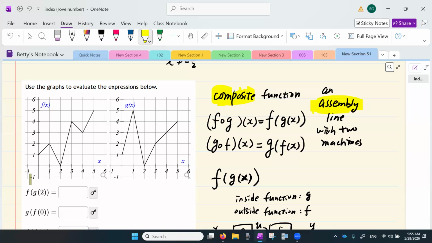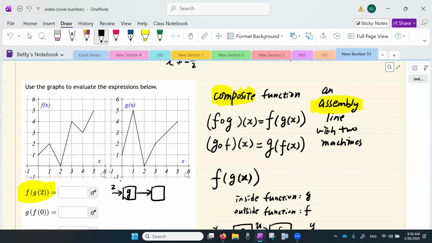We are looking at this here, okay, yellow. We are looking at that function. Are you able to see which function is inside, which function is outside? In the assembly line, which machine goes first, which machine goes after? Since g is closer to 2, 2 is going to go inside g first, all right?